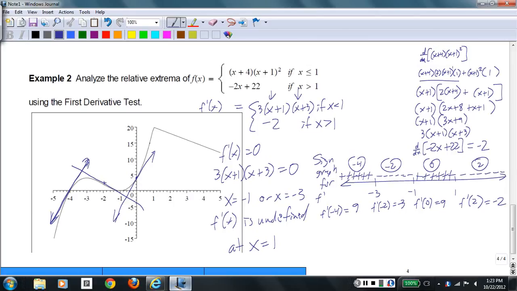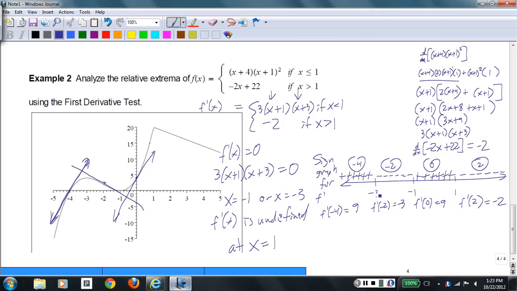Now we have the picture in front of us, but if we apply the first derivative test in the absence of this picture, we can say the first derivative is positive in an interval extending to the left, indicating it's increasing going into it, negative in an interval extending to the right of -3. So does it have a relative extremum there? It does.